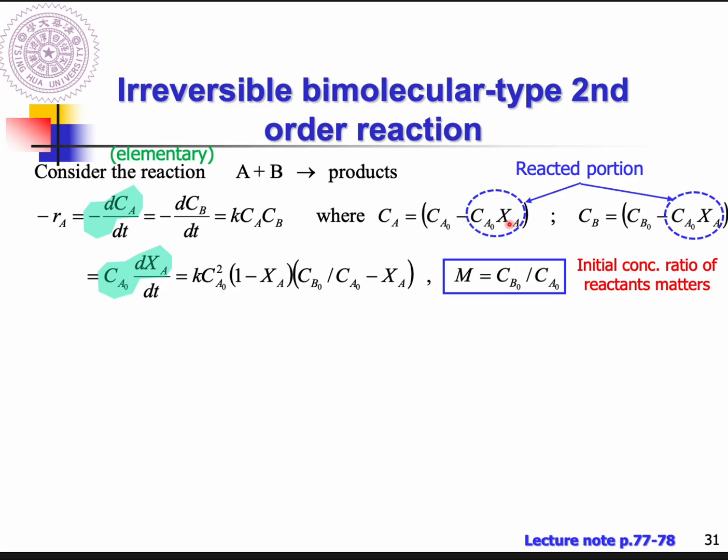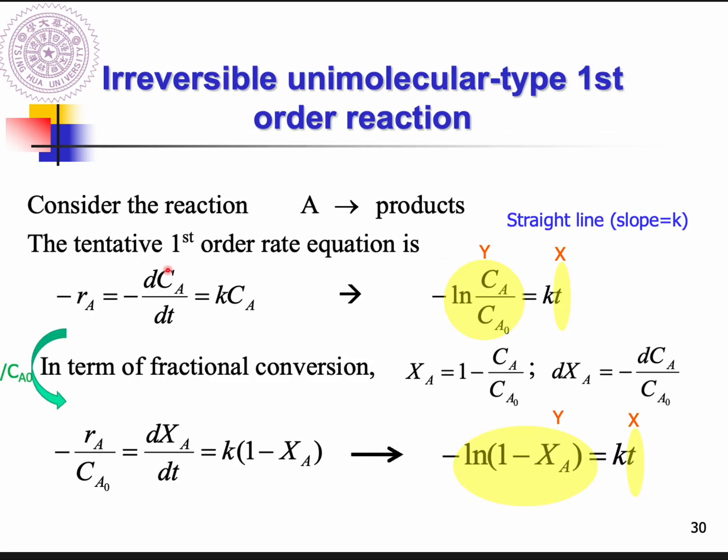So the reacted portion can be expressed like this, and it will be the same for A and B. And next, don't forget, I want to rewrite this equation in terms of XA and t. So minus dCA will equal CA0 dXA.